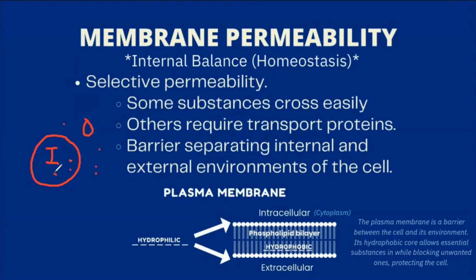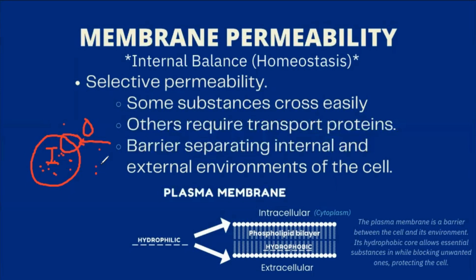Remember, inside the cell we have mitochondria and a nucleus. These organelles work as a factory, and we need to ensure the safety of what's inside that cell. To do so, we have the plasma membrane, which creates a circular-like barrier that protects the inside from the outside.